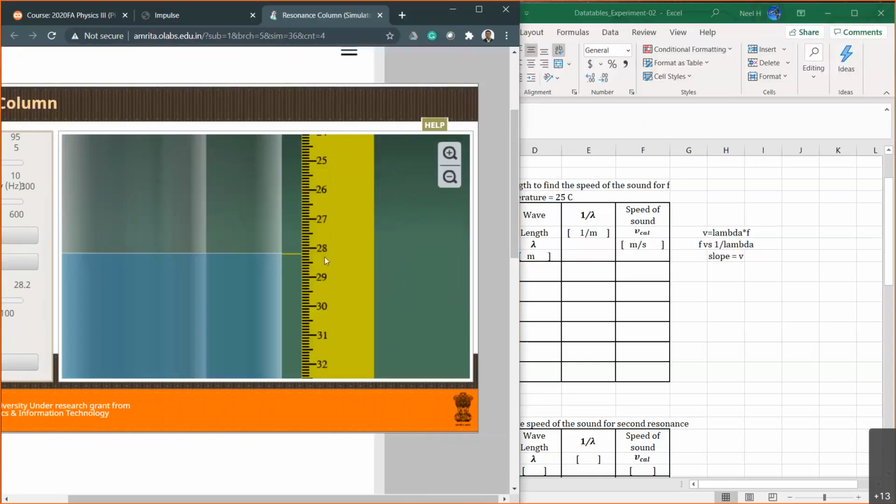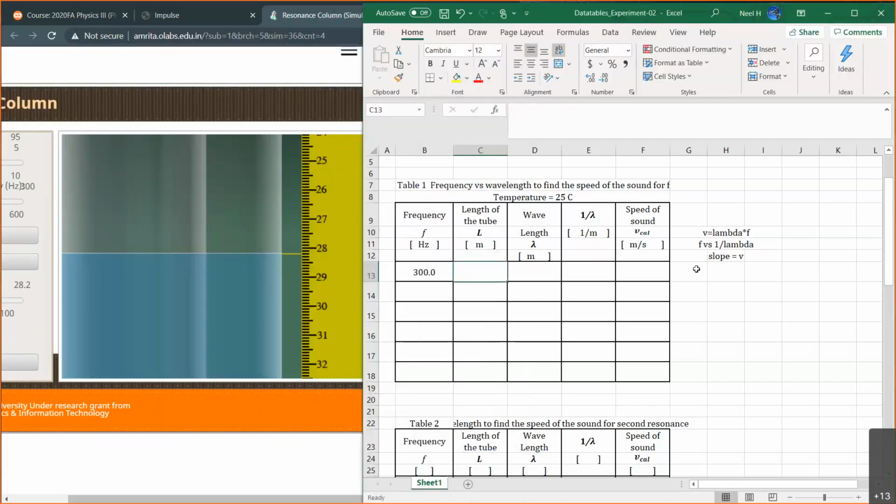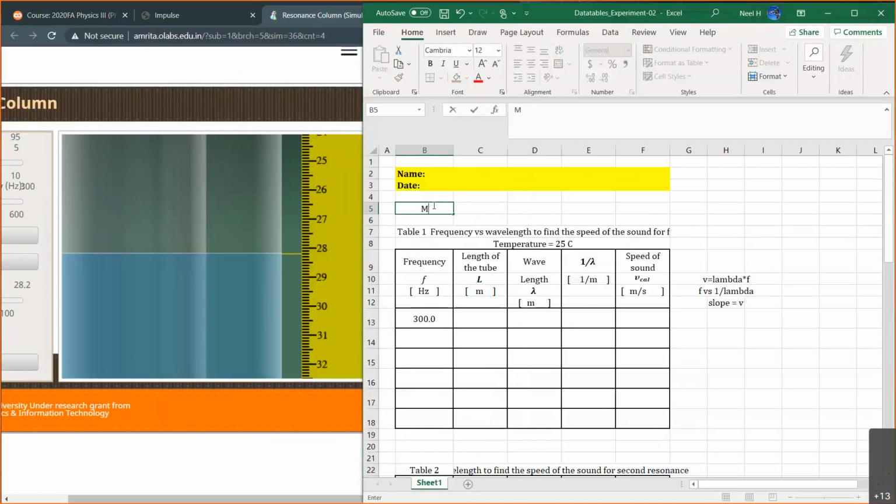Now the length should be 28 centimeters, 28.2. This is a meter ruler. The meter ruler's least count is 1 millimeter. Because of that, the uncertainty of the meter ruler is going to be 0.5 millimeters, right?